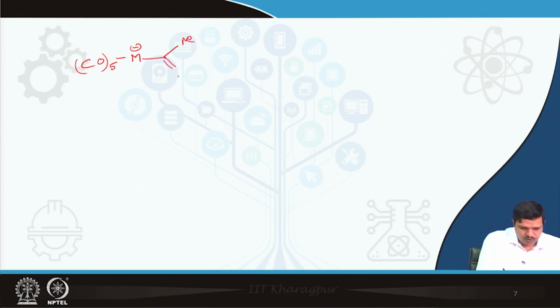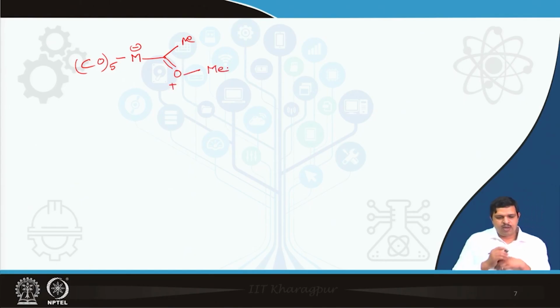As I already told, this is the major contribution of the canonical form between the three possible canonical forms, due to the pi donation of the oxygen pi electrons.